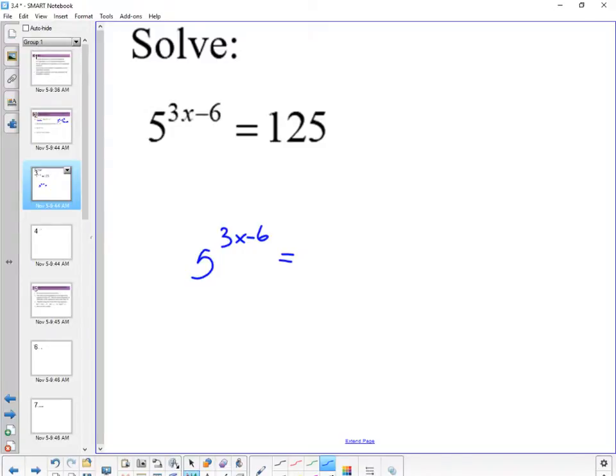So I can rewrite 125 as 5 to the 3rd, right? That means that now I can solve for x because 3x minus 6 has to equal 3. And then I just use some algebra at this point, don't I? So I'm going to add 6 to both sides. For a high five, which property did I just use?